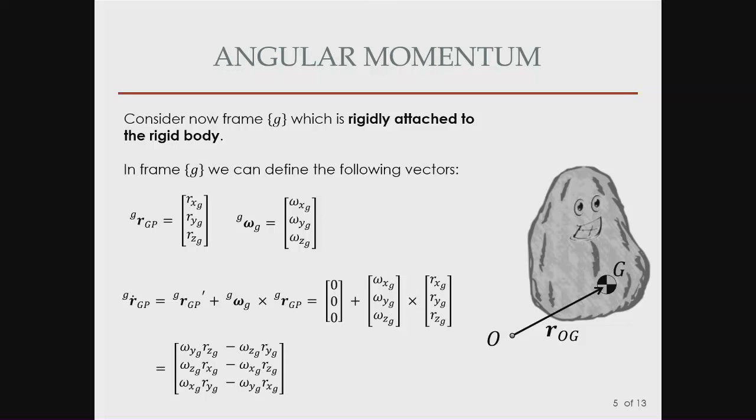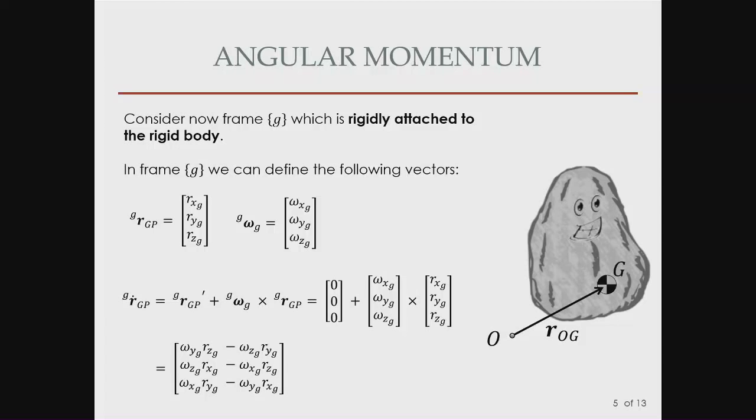It is because these are constants with respect to time. Why constants? Because frame G is rigidly attached to the rigid body.